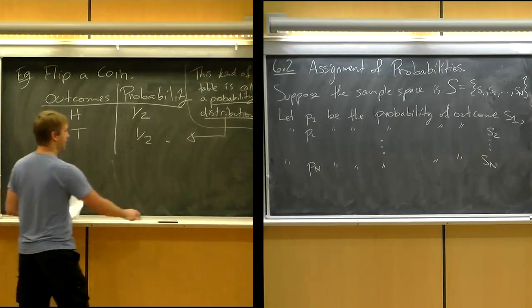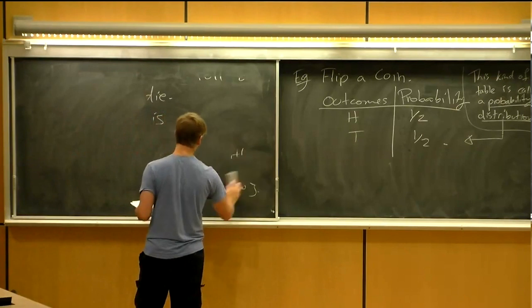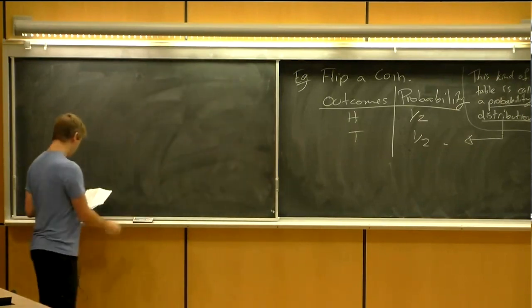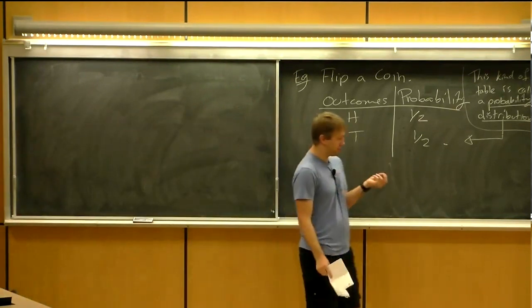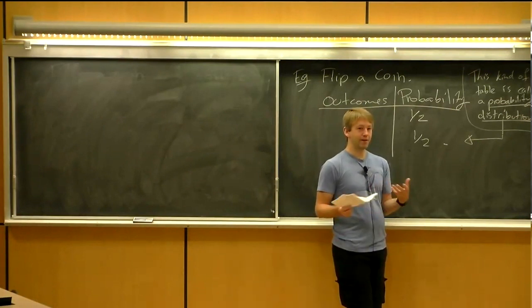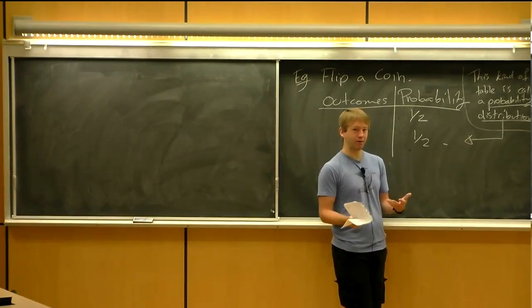Okay, so we've been talking just about probabilities of outcomes, right? But what about probabilities of an event? So an event, remember, is a subset of your sample space, which may contain many different outcomes.